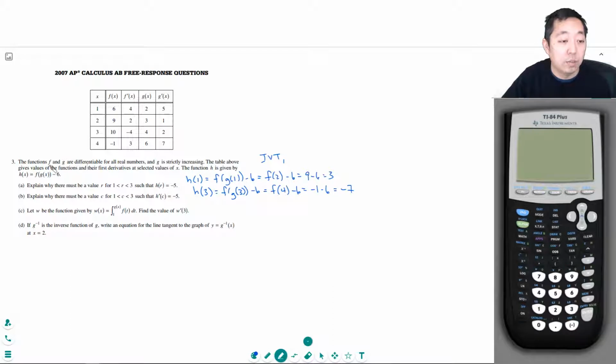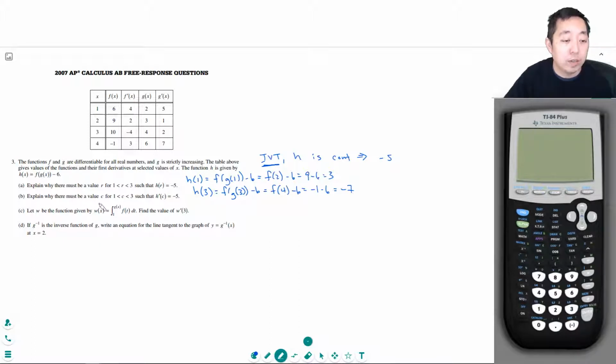So hence h is continuous, and when I subtract 6, it's still continuous. It went from 3 to negative 7, and it couldn't have skipped over negative 5. And that's the intermediate value theorem.